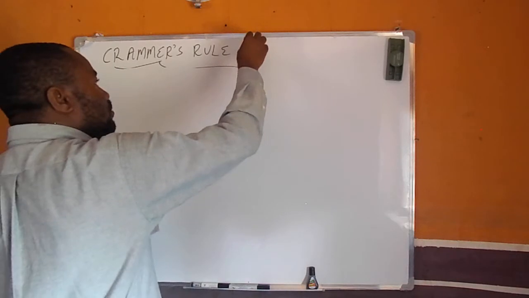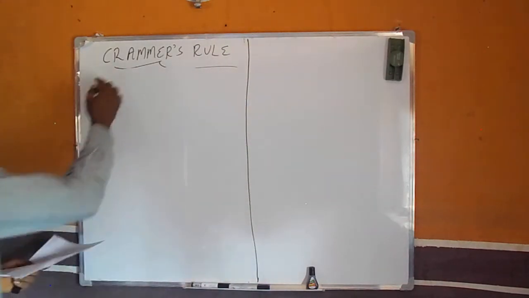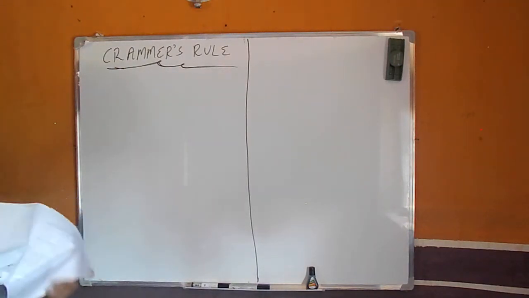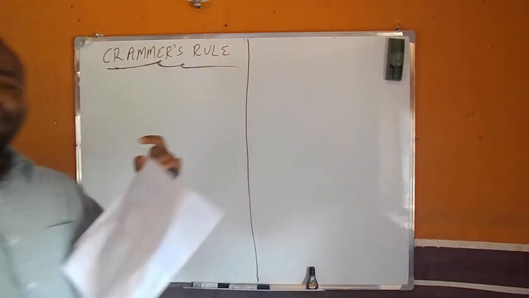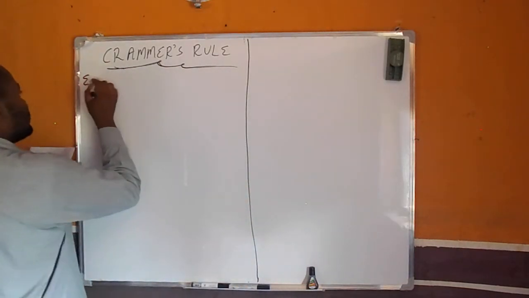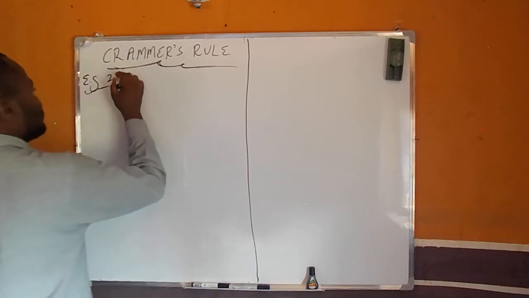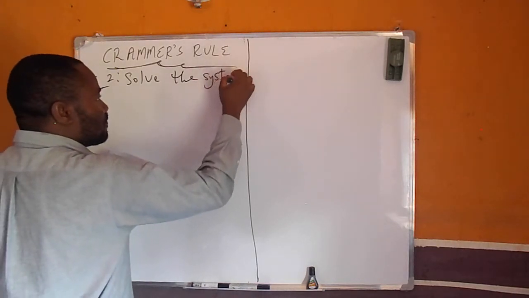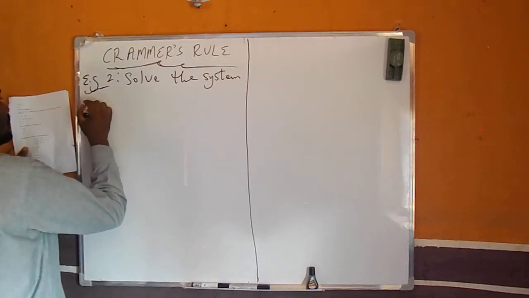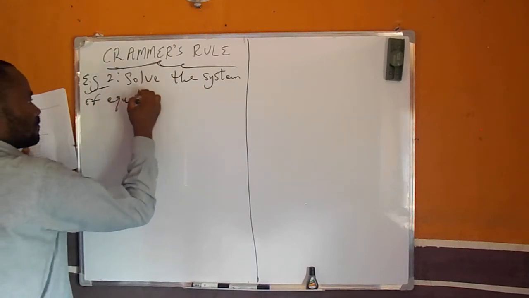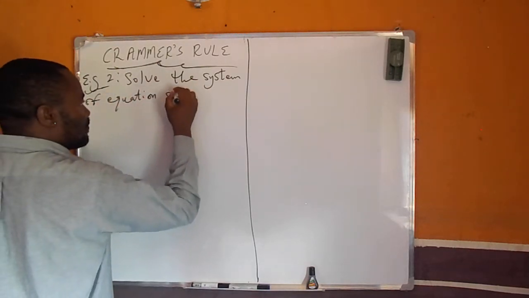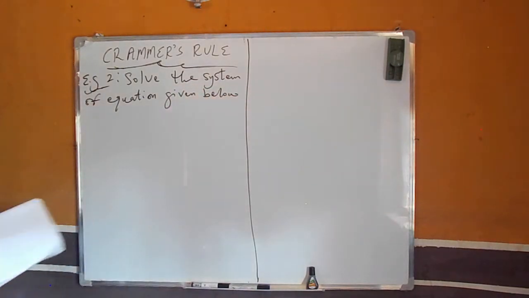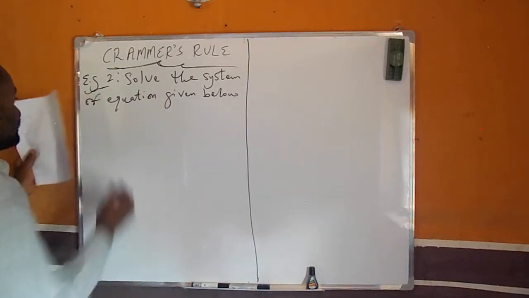In example 2, we'll be looking at a 3 by 3 matrix simultaneous equation. For instance, let's solve the system of equations given below. Example 2.